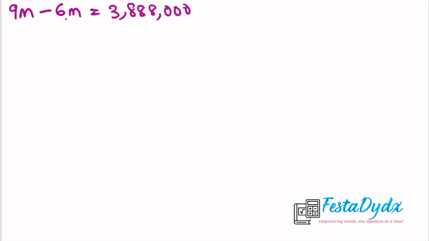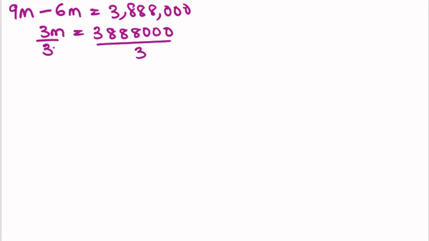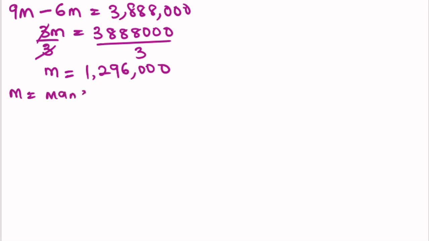So 9m minus 6m gives us 3m equal to 3,888,000. So to get the value of m, we have to divide through by the coefficient of m, which is 3. So dividing both sides by 3, our m is equal to 1,296,000.